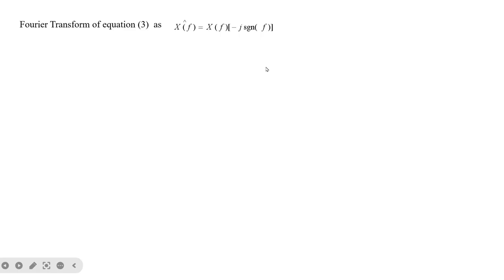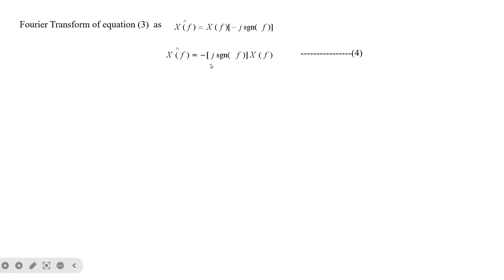So finally this can be written as X cap of f is equal to minus j signum function of f into X of f. So we'll take this as equation number 4.